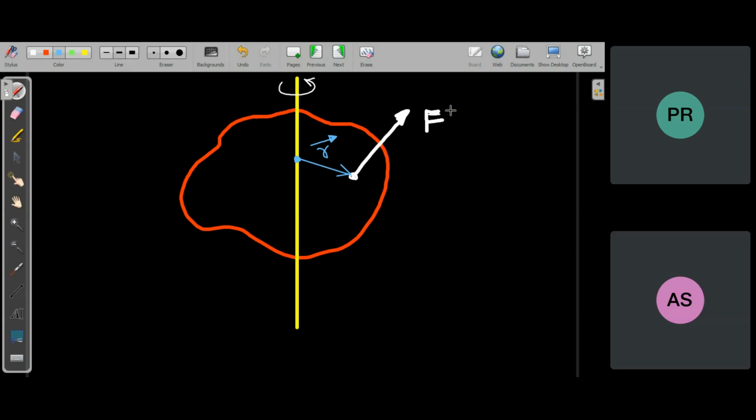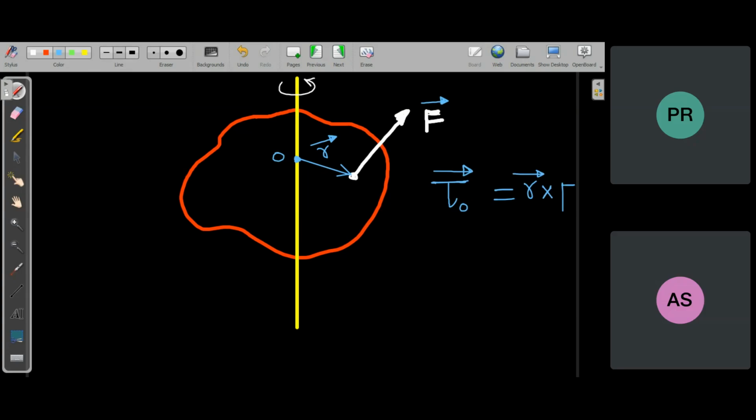Now you clearly know that the cross product of R vector and F vector will give you a torque about this point, not about the axis. So torque about the point first I will calculate. So I will calculate torque about O, and torque about O will be R cross F in vector form.